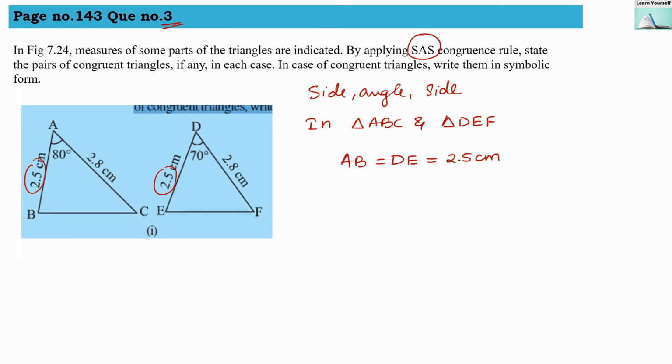Another side is AC and DF. So AC is equal to DF. They are both equal to 2.8 centimeter. Now we need one more angle, and that is angle A and angle D, but their measures are different. So angle A is not equal to angle D, and that's why SAS congruence is not established here.